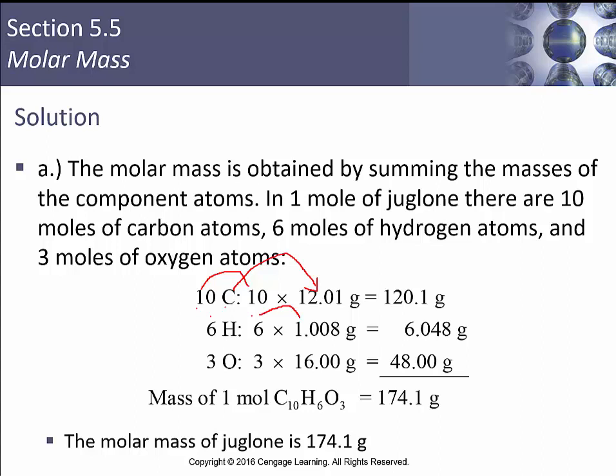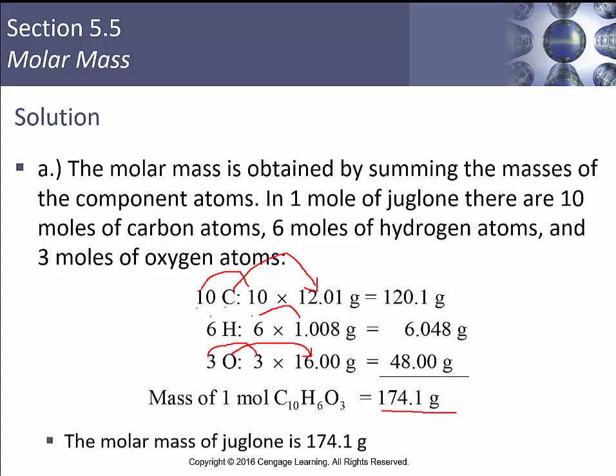This is going to give you 6.048. And then you've got 3 oxygens. So you're going to do 3 times the molar mass of oxygen, 16, 48 grams. All you do is multiply each element by its atomic mass and the number of atoms you see within your molecular formula, and add them all up. You end up with 174.1 grams.